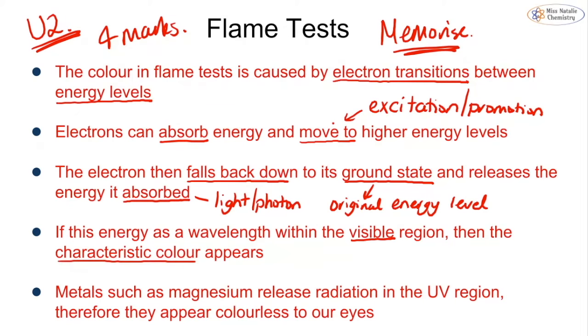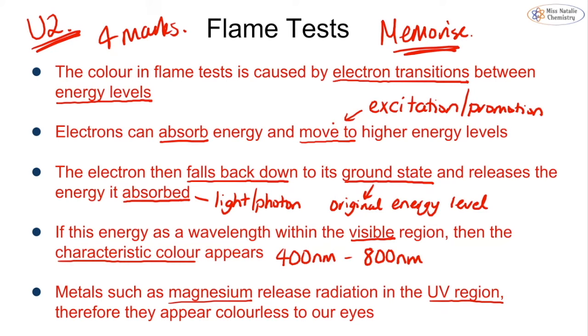So the wavelength has to be between 400 nanometers and 800 nanometers. That's within the visible region. If we see metals such as magnesium, they appear colourless to our eyes, and this is because they release radiation that is in the UV region. So we don't see a colour for magnesium because it's not within that visible region.